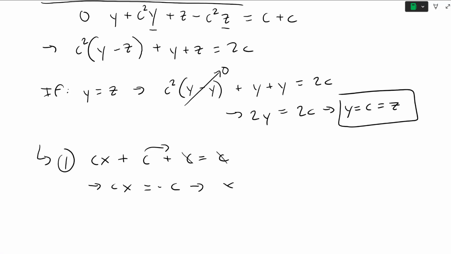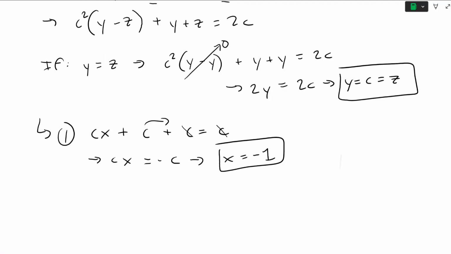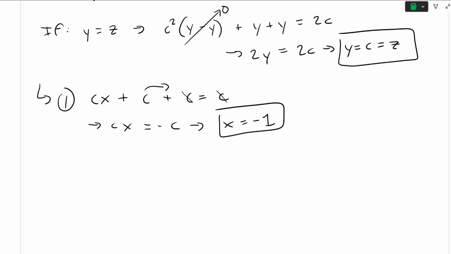The C's cancel, so x = -1. Thus we get a point on both planes, and hence the intersection point is (-1, C, C).